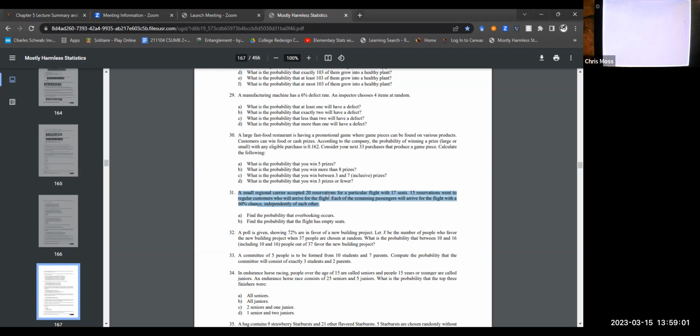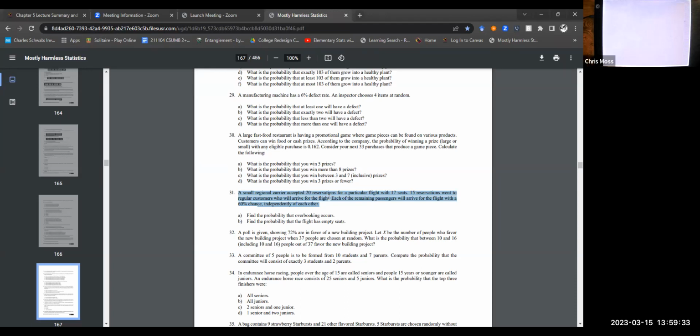Each of the remaining passengers will arrive at the flight with a 60% chance, independently of each other. So there are two questions. The first question: find the probability that overbooking occurs. That's the first one. In other words, more people show up than there are seats for. Then we want to find the probability that the plane actually has empty seats when it takes off.